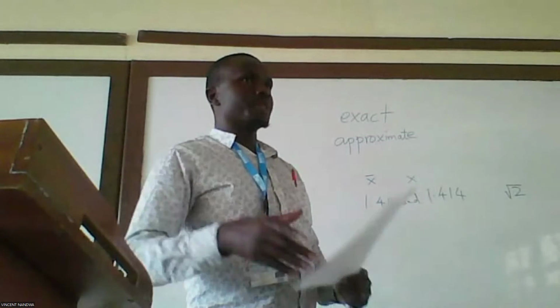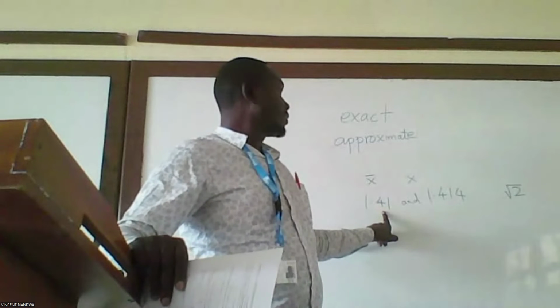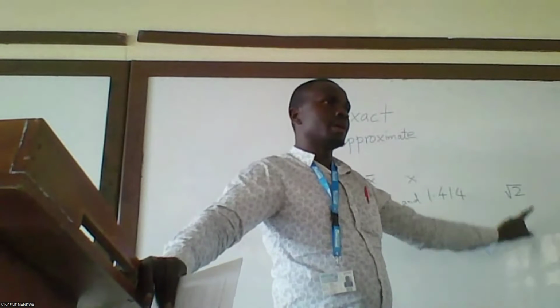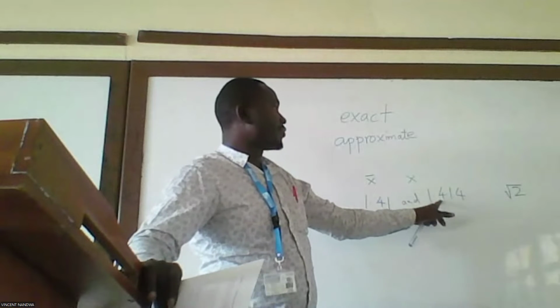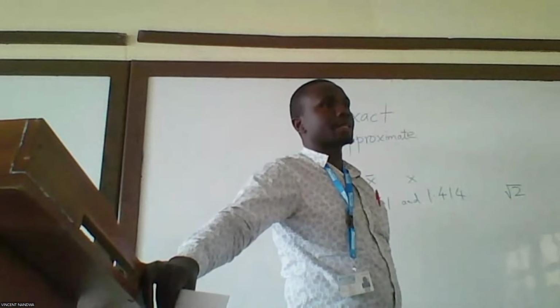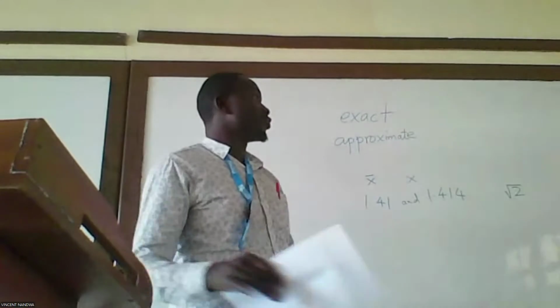So in this case, 1.41 can be used in place of √2 in calculations, or you can use 1.414 in place of √2 for calculation. So √2 is the exact number.